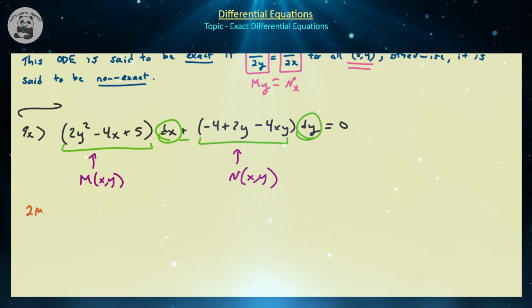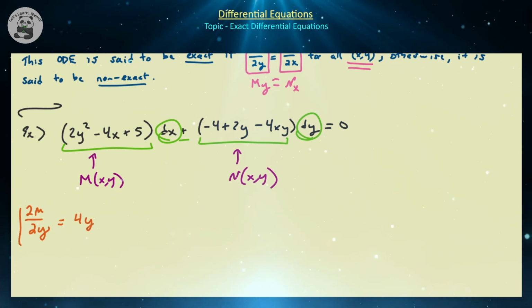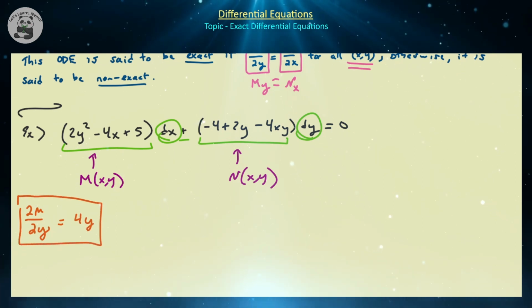So the partial derivative of M with respect to y, we're going to be treating x as a constant. So minus 4x plus 5 is a constant as far as y is concerned. So this is just going to be equal to the derivative of 2y squared with respect to y, which is just going to be equal to 4y. Now we're going to take the partial derivative of N with respect to x. That means y is going to be a constant as far as x is concerned.